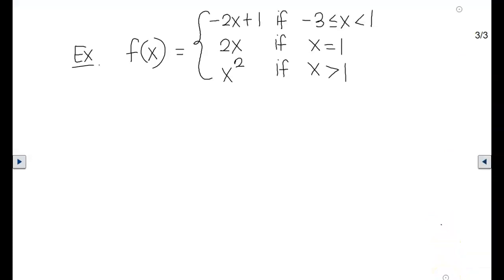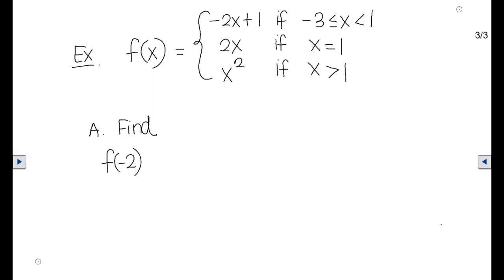All right, so now here's the kind of problem you're going to see with this, and we're going to do some parts here. First thing we're going to find is f of negative 2.